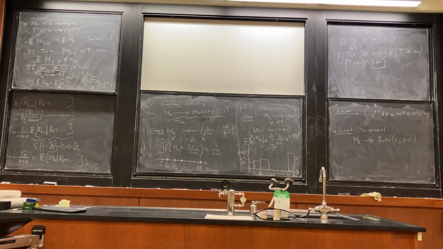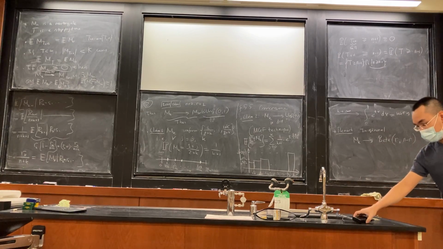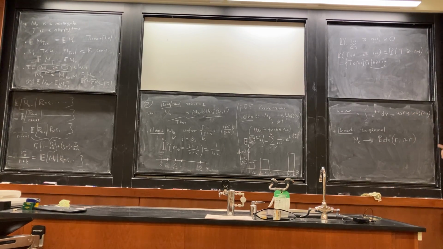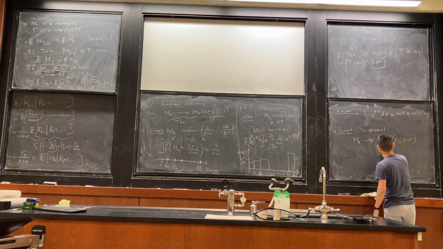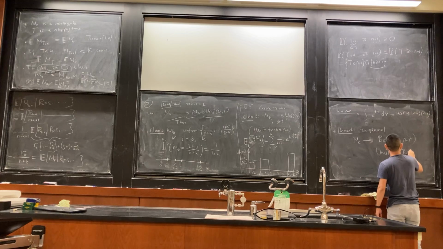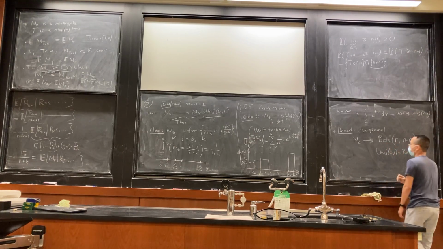But if you have a particular case, r being 1 and n being 2, then we have uniform, because uniform distribution is just a particular case of beta. Note that uniform 0 to 1 is just beta 1, 1.